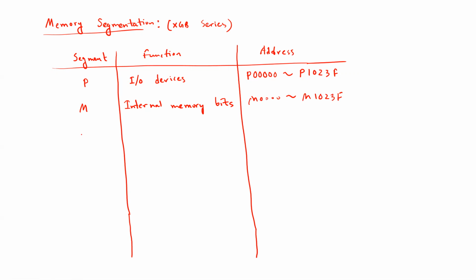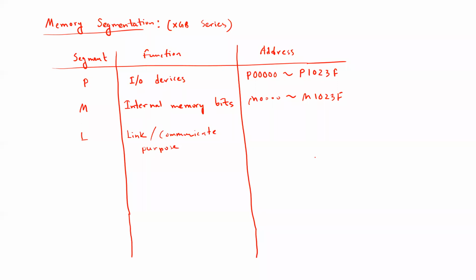Now, what are the other segments? A portion of the segment is denoted as L, which is actually used by the CPU in order to link up or communicate with external devices or the PC, or the connection between PC and CPU. So this is for the communication purpose.